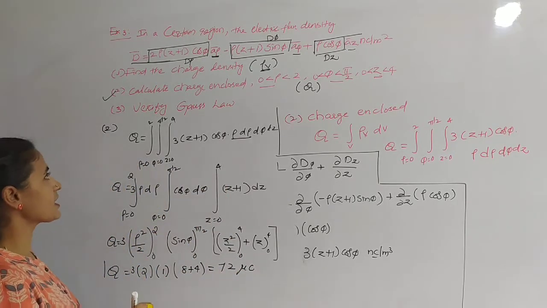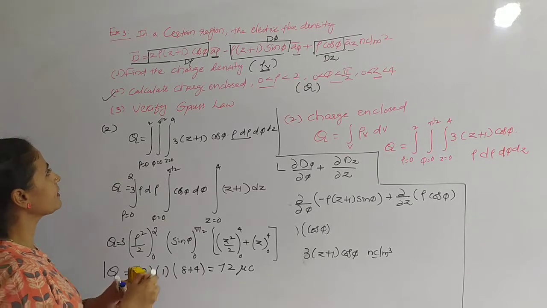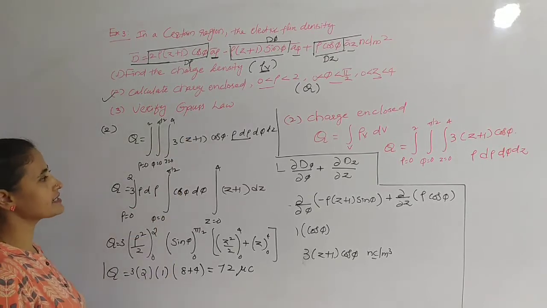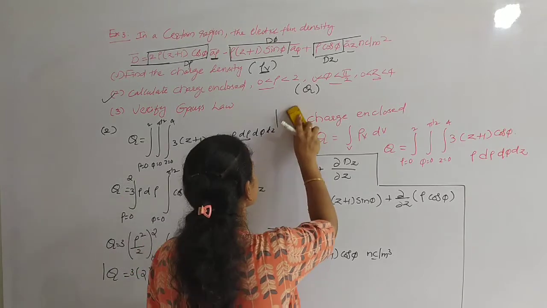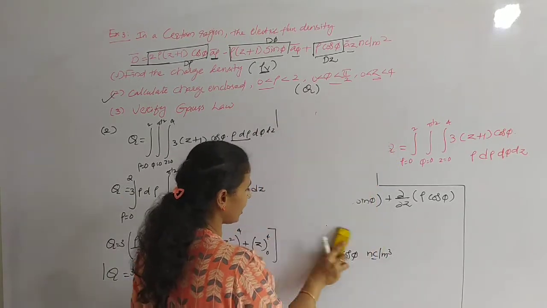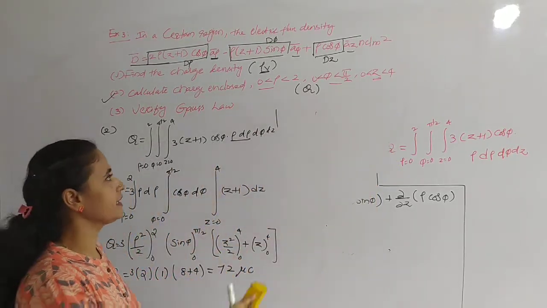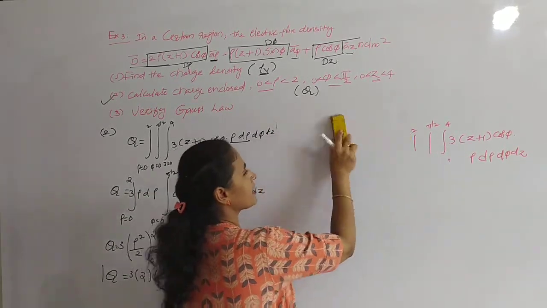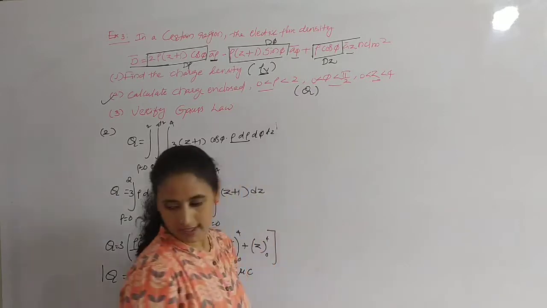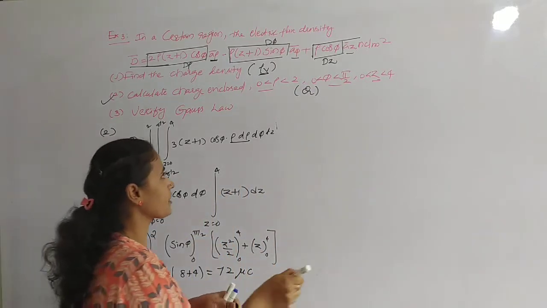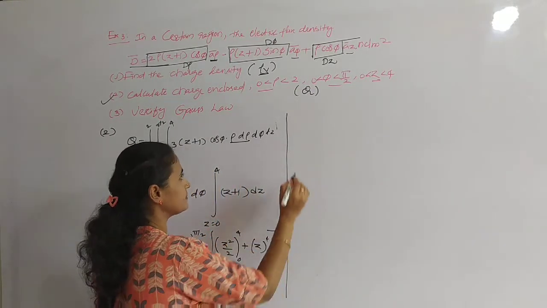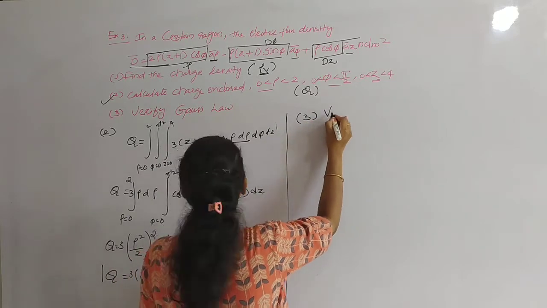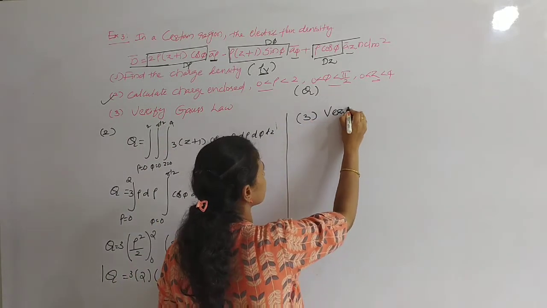Now let us verify Gauss law. Verifying Gauss law means to see that the Q we have obtained must be equal to the integration of D bar into dS bar. See the last, third part: verify Gauss law.